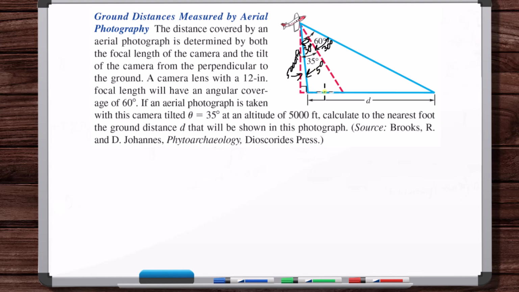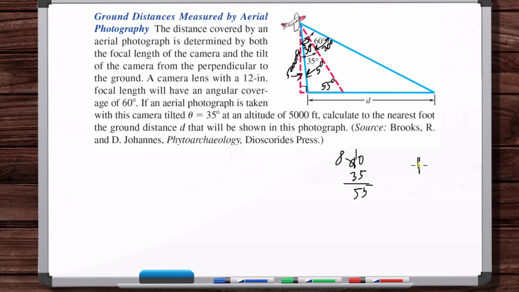Now, when it comes to just this red right triangle, we know this acute angle is 35 degrees. So we can do 90 minus 35 and get that this is 55 degrees. You see the red triangle?